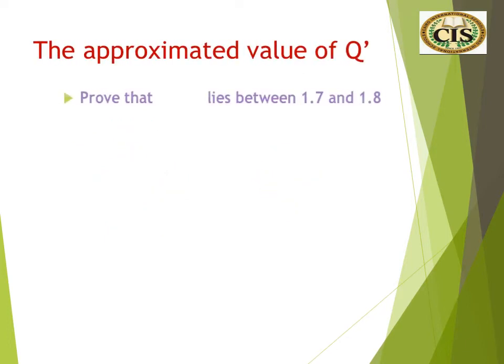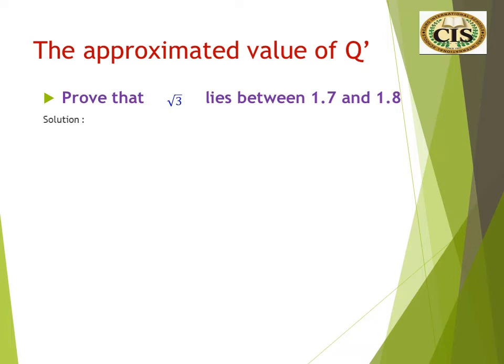Approximated value of Q dash. Prove that root 3 lies between 1.7 and 1.8 by using calculators. By using calculators, we find root 3 is about 1.7. It's between 1.7 and 1.8.